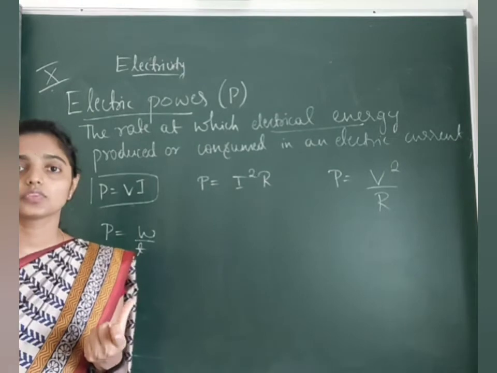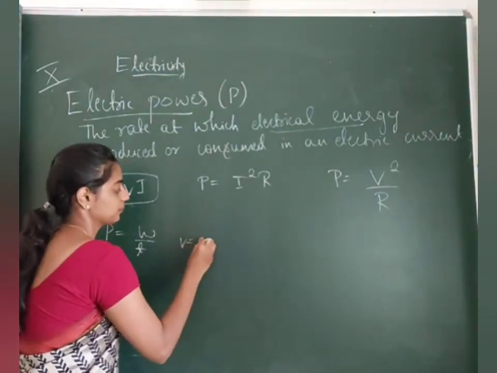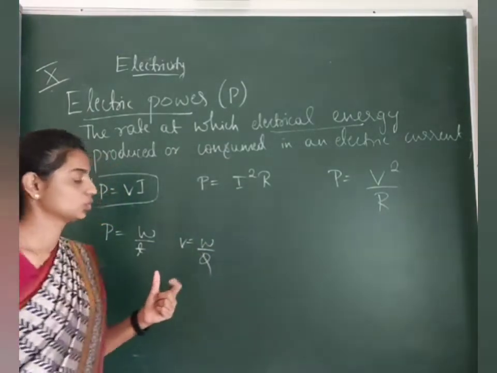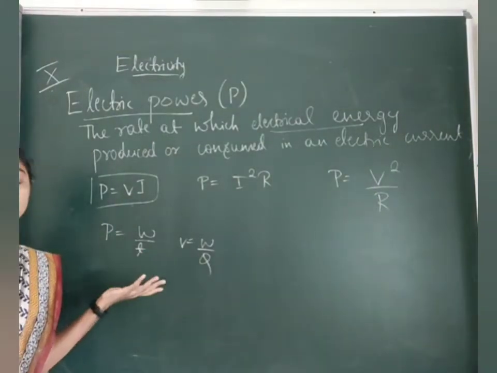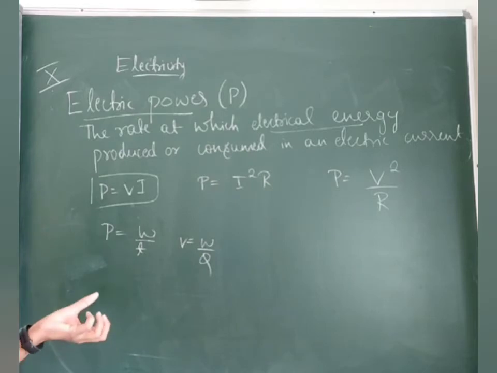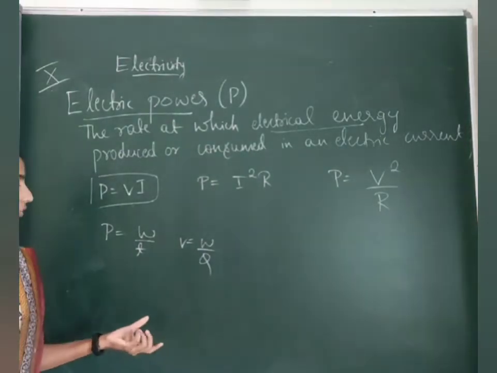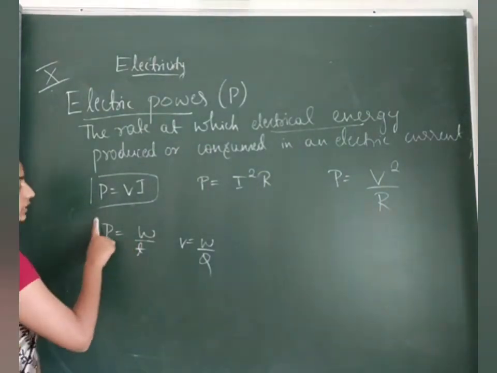From the potential difference, V is equal to W by Q. This is what we learned from potential difference. Now from the normal definition of power, the amount of energy transferred or converted per unit time is called power. So let us modify this equation.